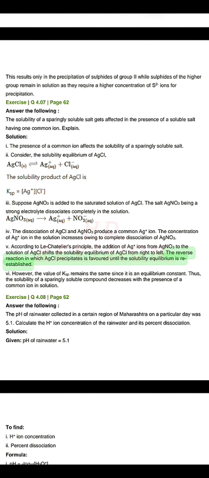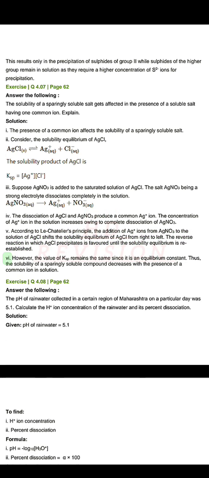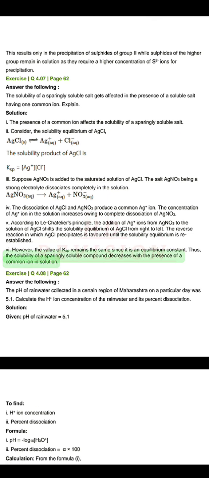The reverse reaction in which AgCl precipitates is favored until the solubility equilibrium is re-established. (vi) However, the value of Ksp remains the same since it is an equilibrium constant. Thus, the solubility of a sparingly soluble compound decreases with the presence of a common ion in solution.